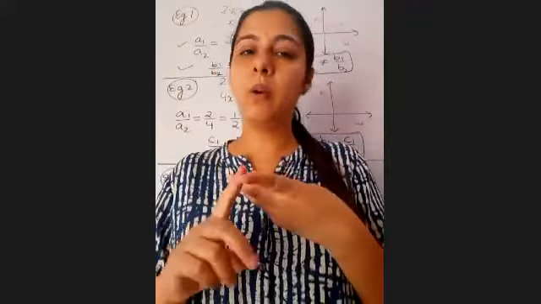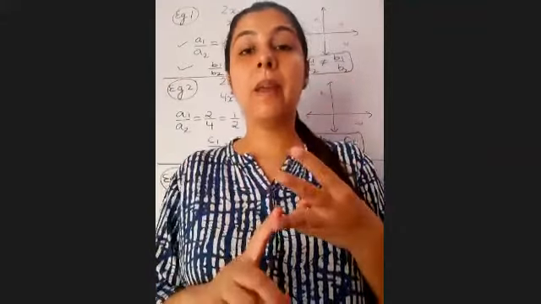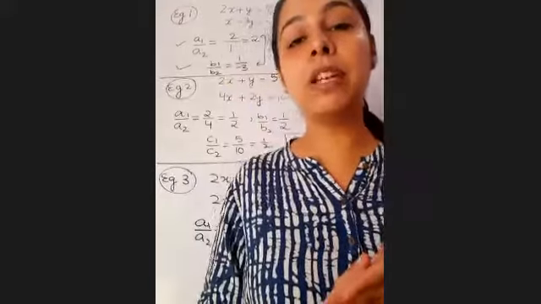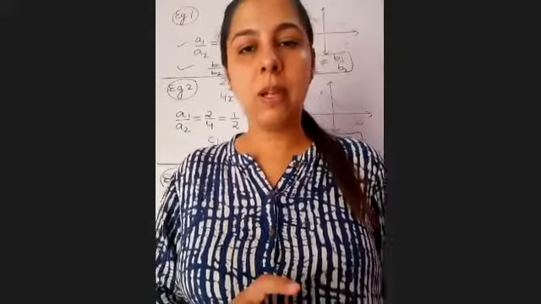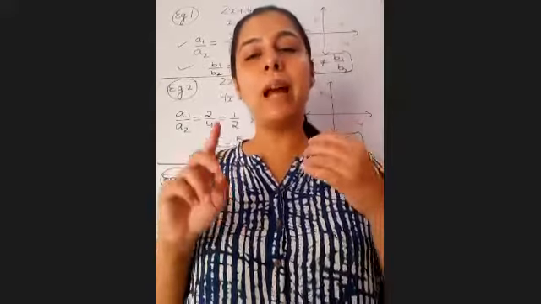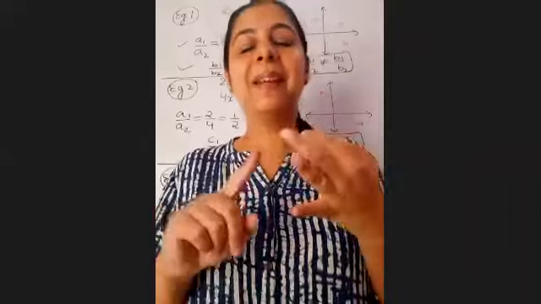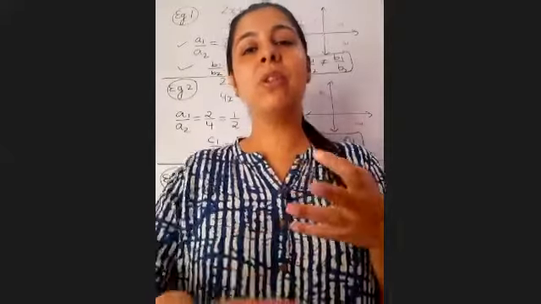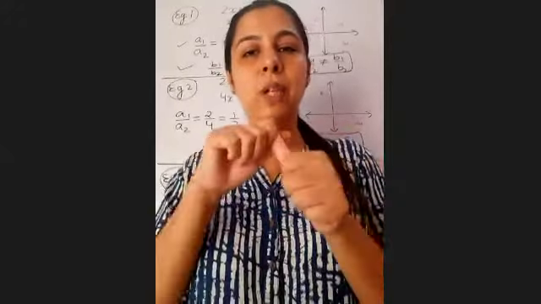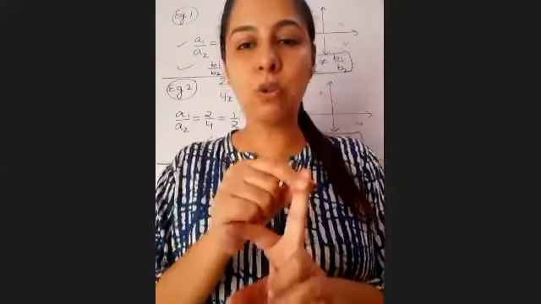I'll give you in a table later, just understand. If I'm talking about the nature of solution, then the vocabulary used will be unique solution, infinitely many solutions, no solution.